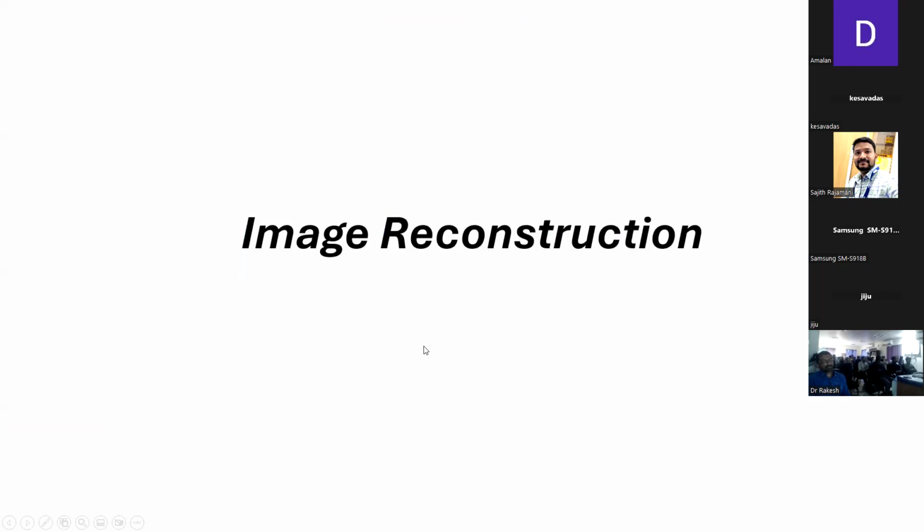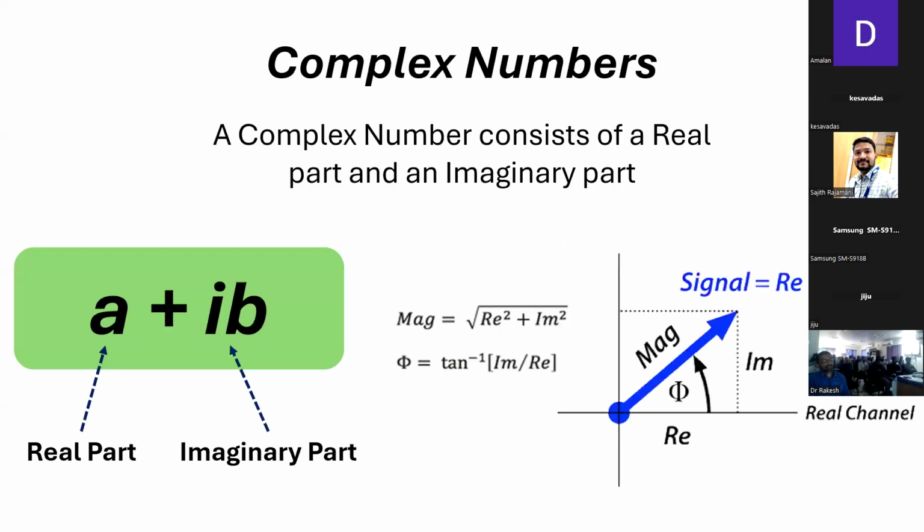So before going to the reconstruction, let's recap some very basic concepts. We know that the MR data is actually complex, meaning it has a real part and an imaginary part.